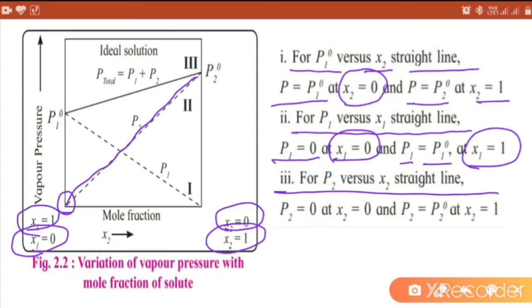For P2 versus x2, P2 is equal to 0 when x2 is equal to 0, and P2 is equal to P20 when x2 is equal to 1. In this way, the variation of vapor pressure with mole fraction of solute is given according to Raoult's law.